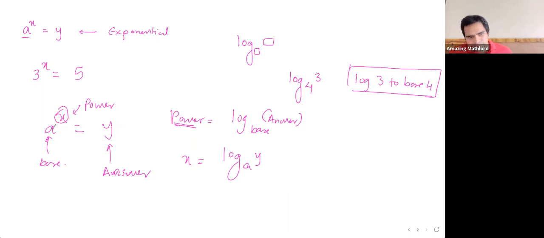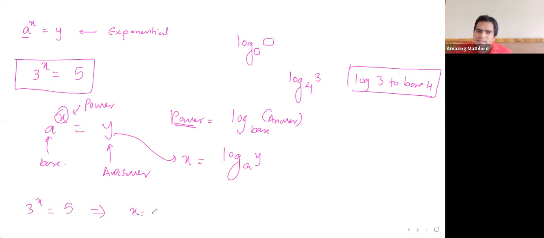If you've got a to the power x is y, then x equals log of y to the base a. For example, 3 to the power x equals 5, I can write as x equals log of 5 to the base 3.